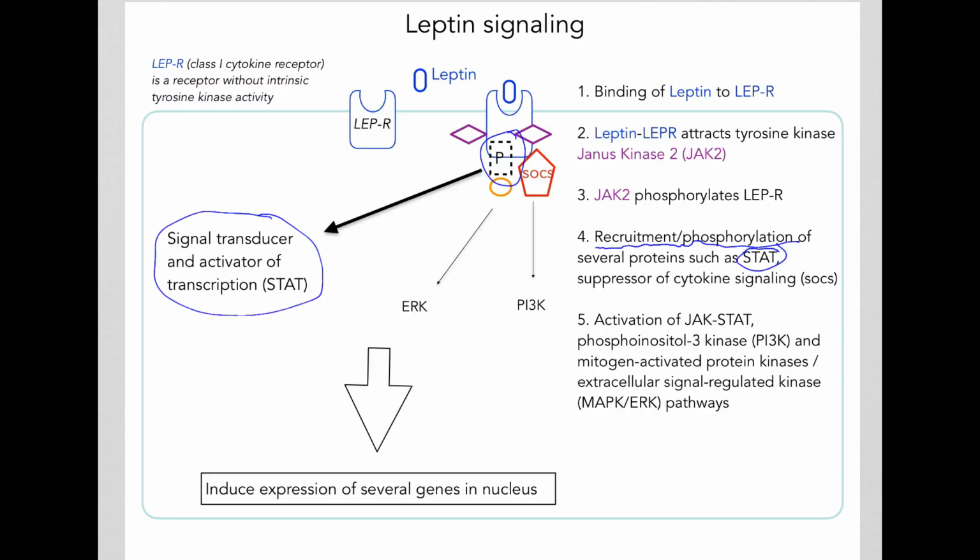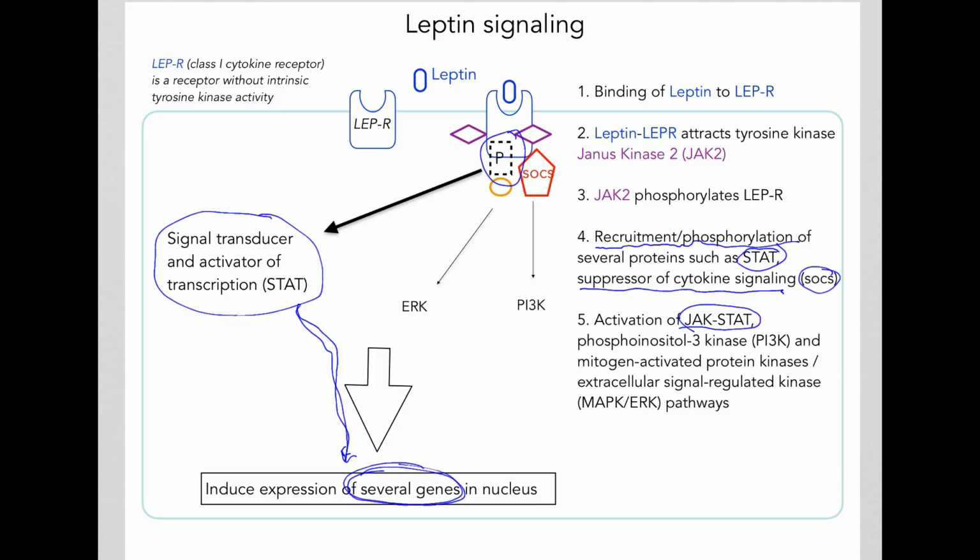Other proteins that might be recruited include suppressor of cytokine signaling, or SOCS. That will trigger what we call the JAK-STAT pathway, and these transcription factors will go and affect the transcription of several genes.